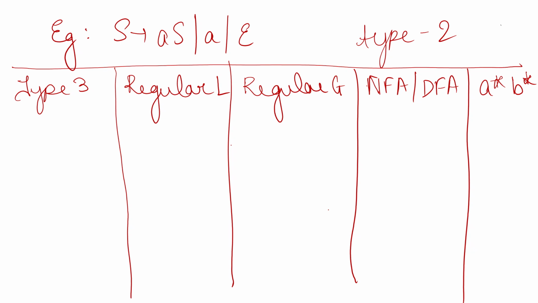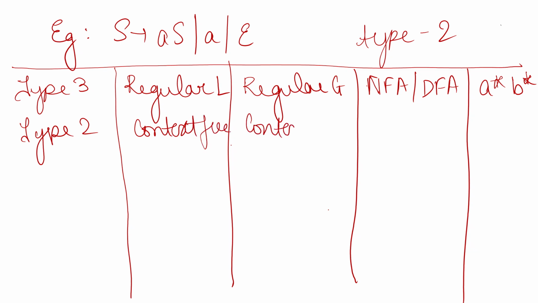Then we have type 2. Type 2 is known as context-free language and context-free grammar. Here we form a PDA, a pushdown automaton. An example is A raised to power n, B raised to power n.